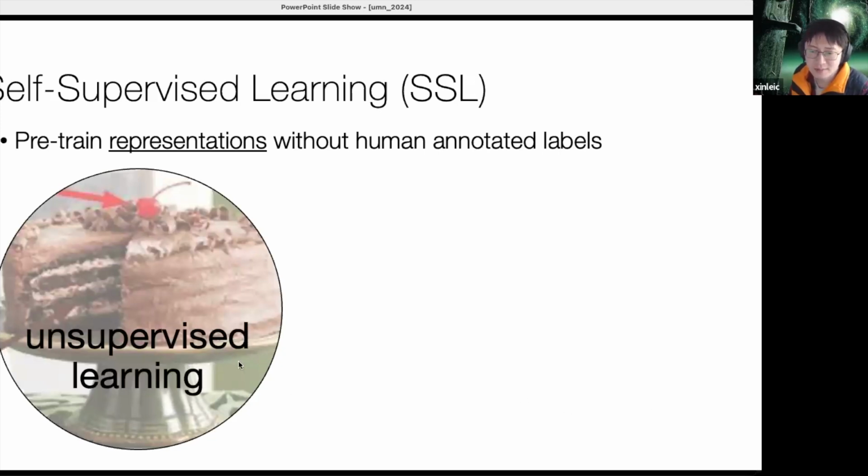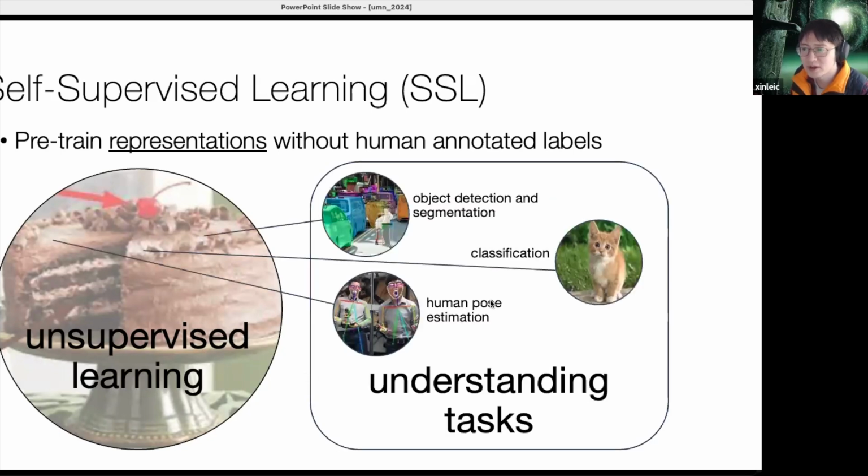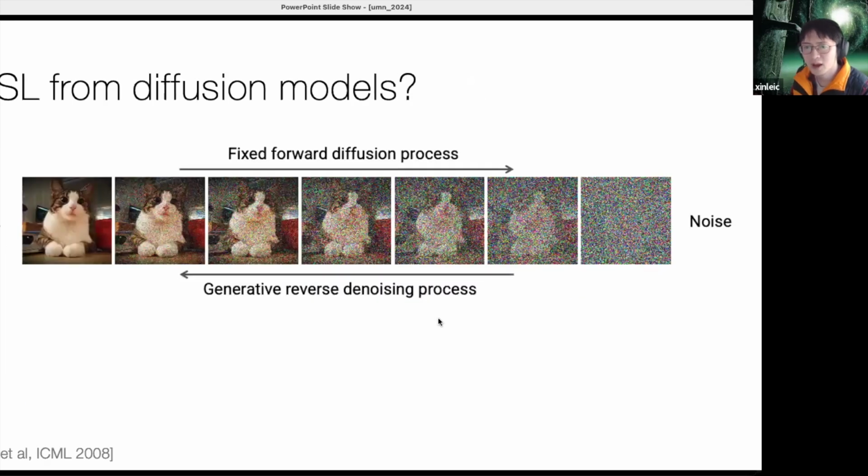But we do not care about the performance of the task itself. We care about the transfer results to understanding tasks, for example, object detection, classification, and so on. So that means if we want to know how much a diffusion model understands, one direct way is to find a self-supervised learning component inside such models.